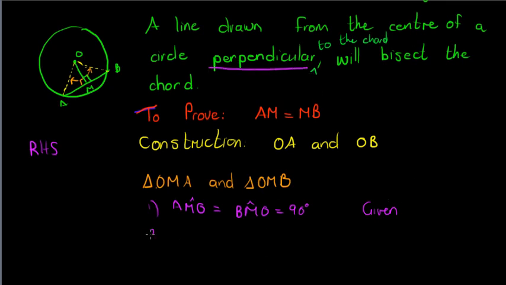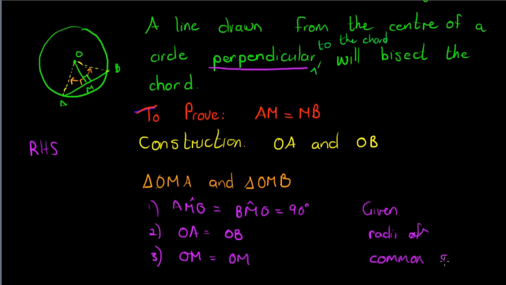Secondly, we have that AO is equal to BO or OB, and that's because they are radii. You should actually say of the same circle, but radii should be accepted. Thirdly, we know that OM is equal to OM for the simple reason it's a common side.